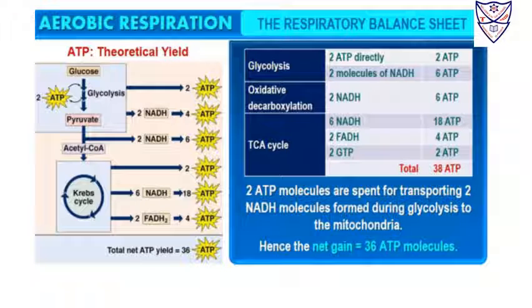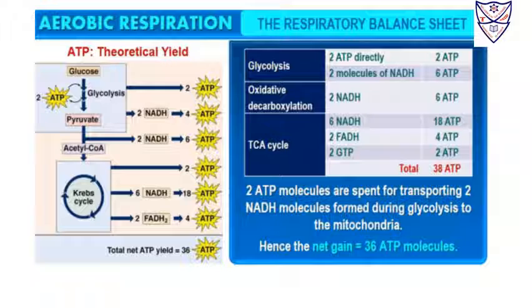So during glycolysis, we have 2 ATPs which are directly made and 6 ATPs which we get from 2 molecules of NADH. During oxidative decarboxylation, we have 6 ATPs from 2 NADH. During the TCA cycle, we have 18 ATPs from 6 NADH, 4 ATPs from 2 FADH2, and 2 ATPs from 2 GTPs.